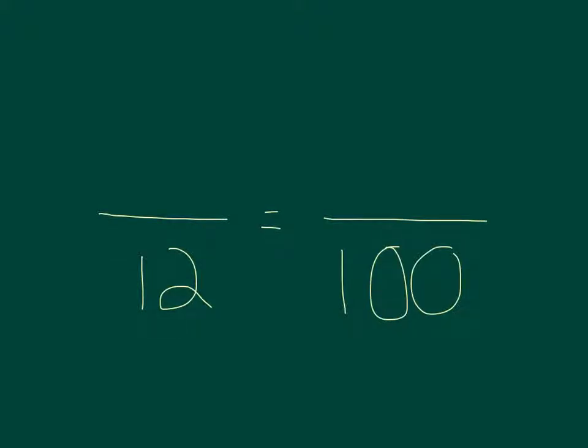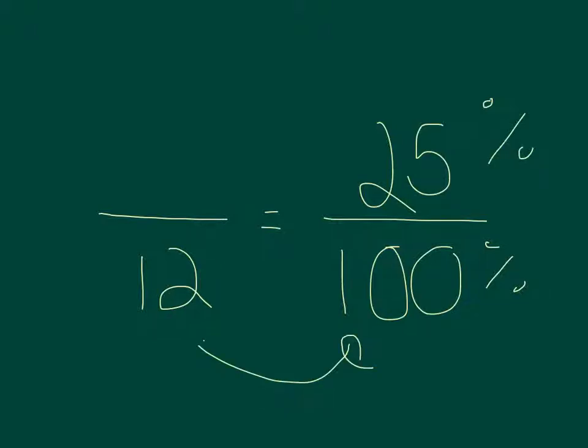So 12 is the whole, the same way that 100 is our whole. And above 100, because we said that this is 100%, is the 25%. Right? What must we do to the 12 to make it 100? We must multiply it by some number. You can find that.